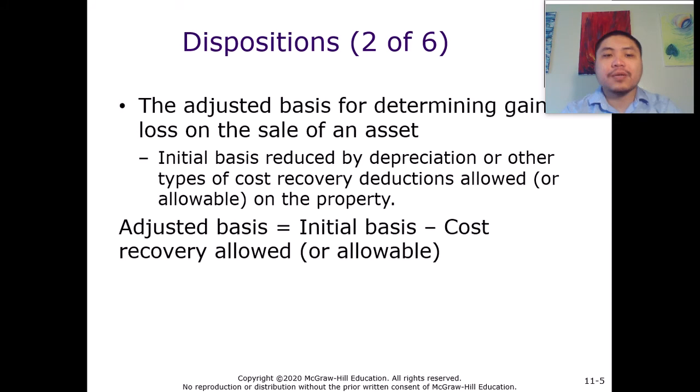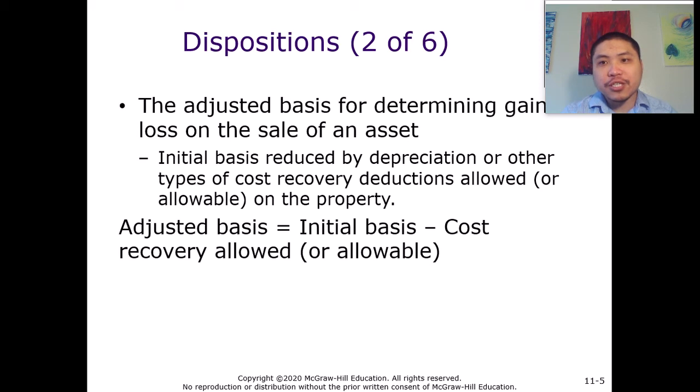So in order for us to figure out whether or not the taxpayer recognizes a gain or a loss, we have to use the adjusted basis. Let's say in the example I just talked about, after 2 years of depreciating, in year 3 the company decides to sell the machine.